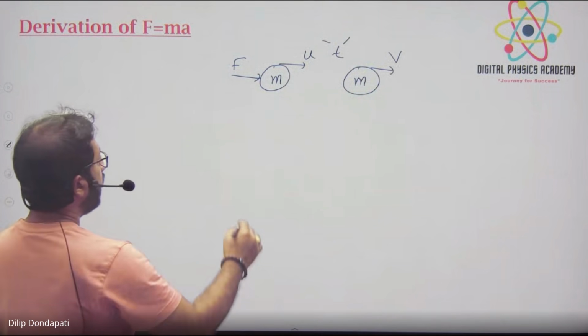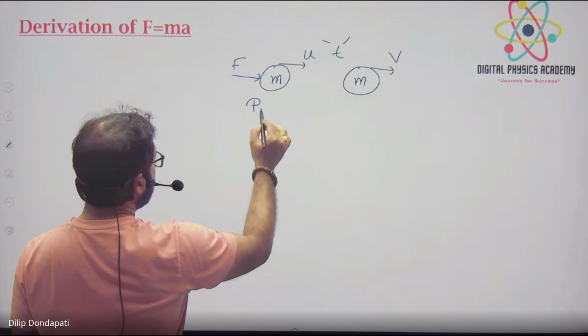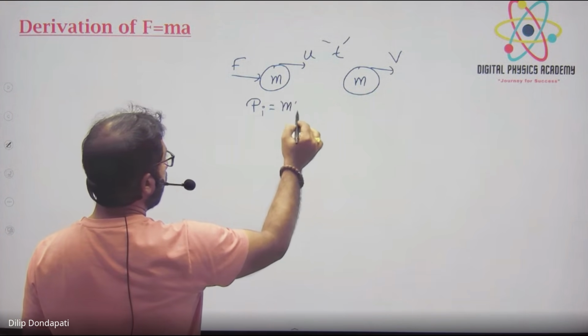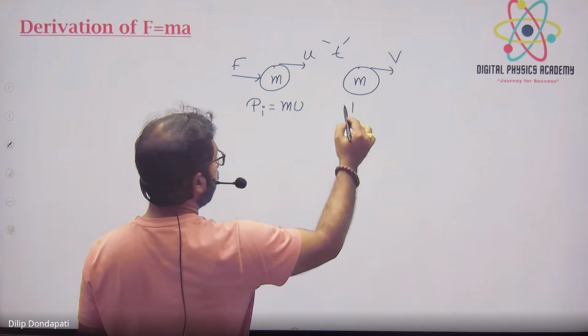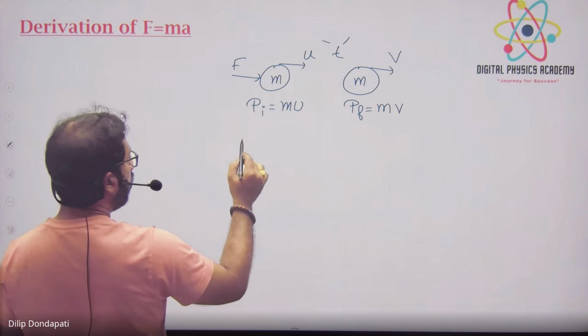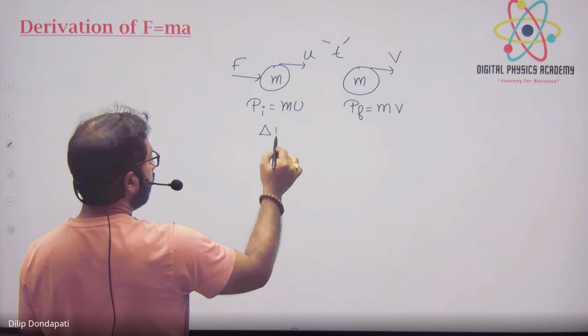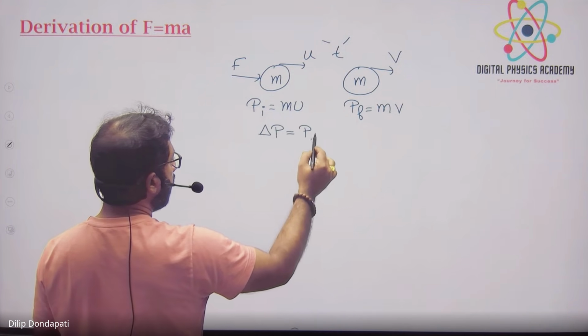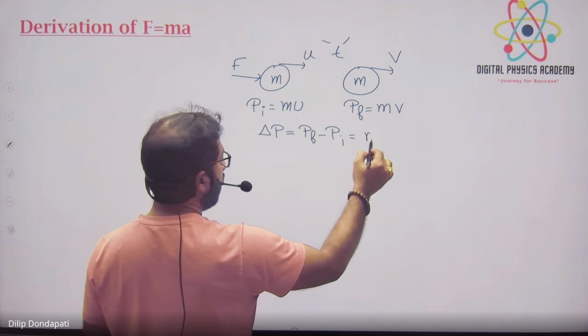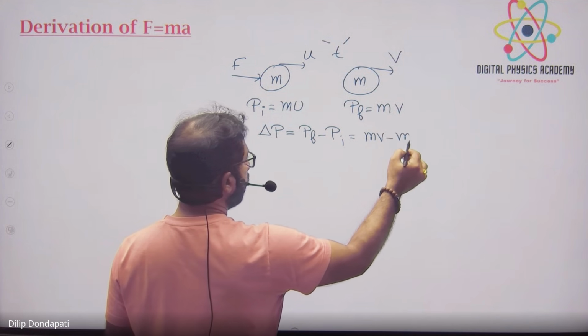Then the initial momentum is mass times velocity, mu. The final momentum will be mv. I want the change in momentum, which is p final minus p initial, so mv minus mu. This is the change in momentum.